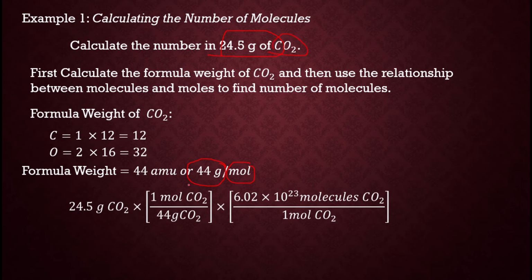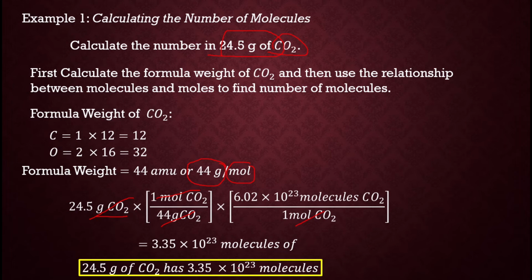So 24.5 grams of CO2 times 1 mole of CO2 over 44 grams of CO2, so that we can cancel the grams. Then to find the number of molecules, we convert using 6.02 times 10 to the power 23 molecules per mole. Cancel the mole, and we obtain 3.35 times 10 to the power 23 molecules of CO2.